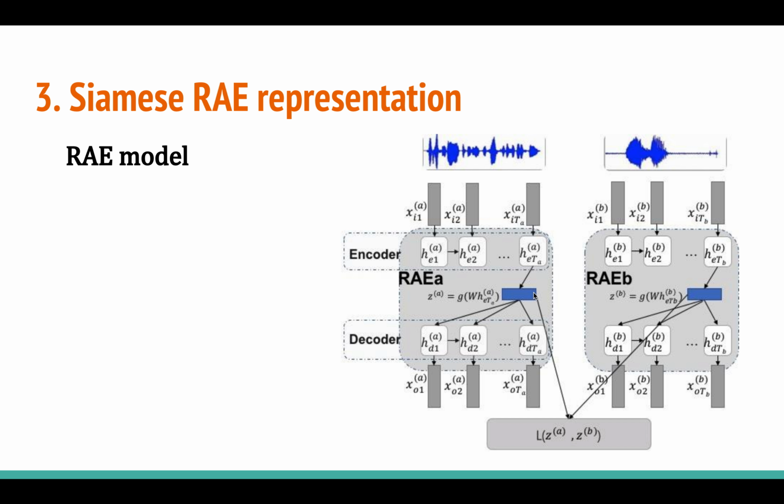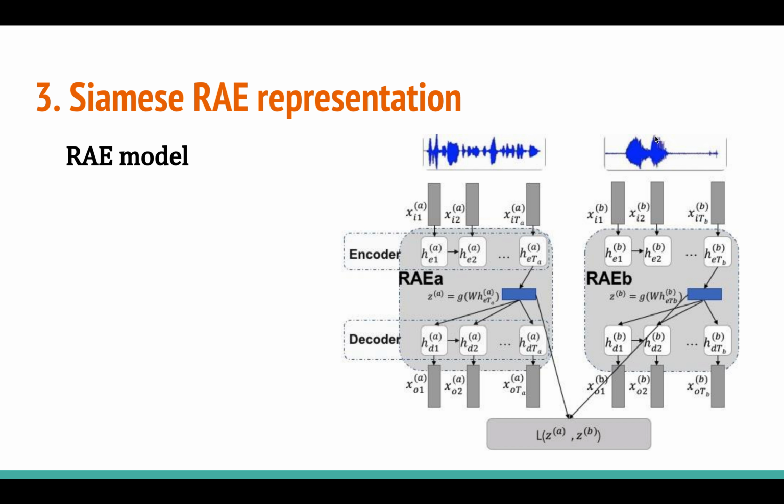Once we get this representation for one audio signal, I might be interested in knowing, if I give another audio file, whether these two files are similar or not. For example, if I give some word, let's say Trump here, and I feed another word here, let's say Obama, I am interested in finding out how similar these words are.